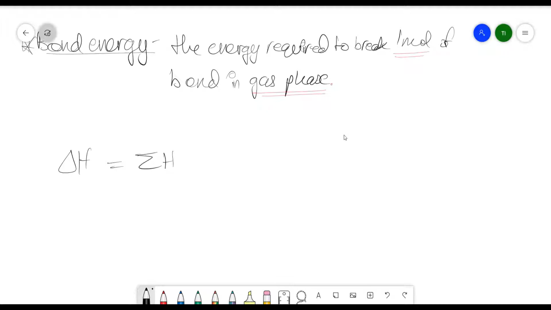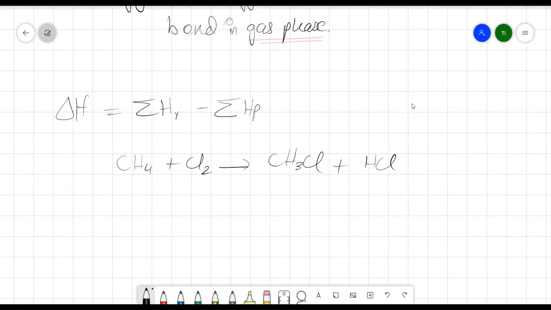The bonds being broken are on the reactant side, so it is the sum of the enthalpy change in the reactant side minus the sum of the enthalpy change in the product side where the bonds are being formed. So let's have an example. Let's say CH4 plus Cl2 forms CH3Cl plus HCl. This is a free radical substitution, an organic reaction that we'll be covering later.